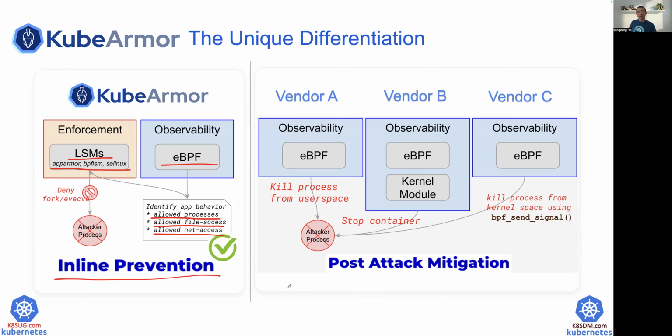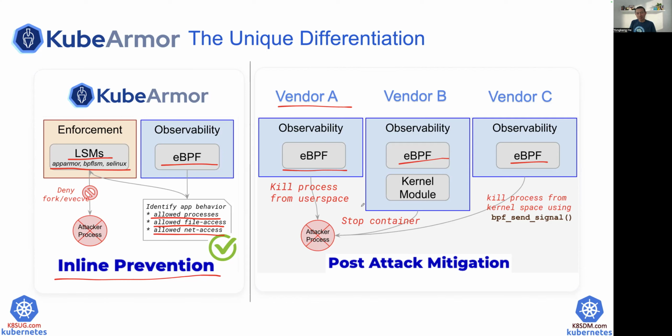So let's see what other vendors do. Vendor A here also uses eBPF. It is actually commonly used by all the security vendors and the observability vendors. What vendor A does is use eBPF to monitor and detect if there are any malicious activities or hacking activities, or maybe an unwanted process running.